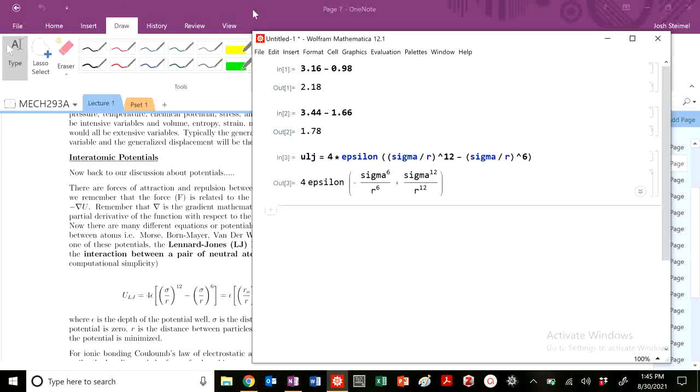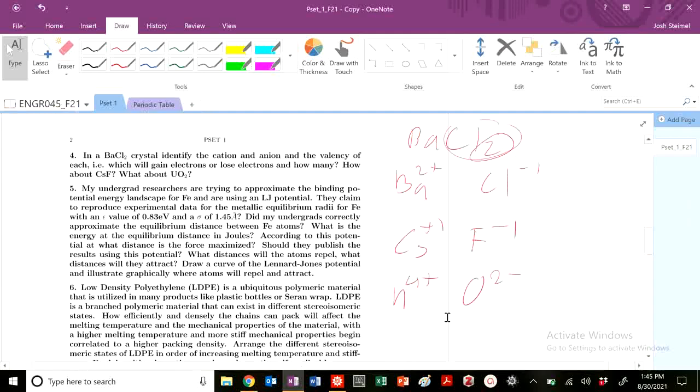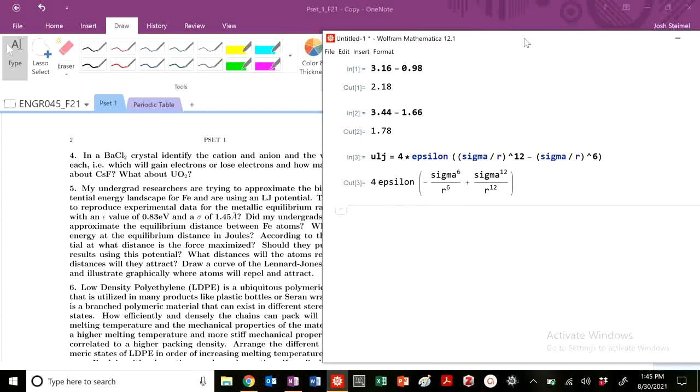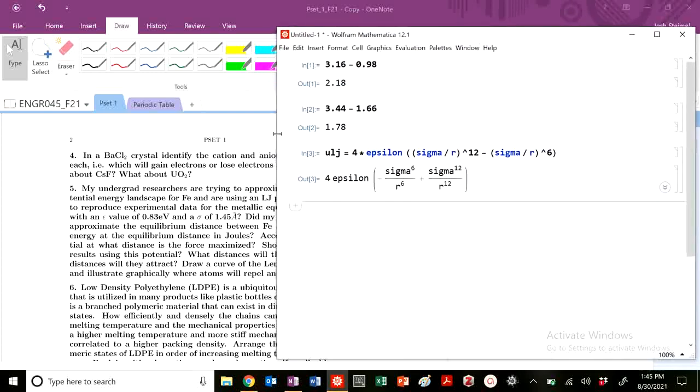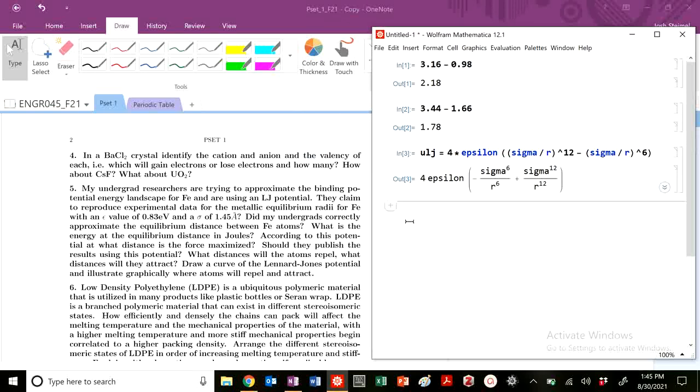All right, let's go back to our problem. So that is our Lennard-Jones potential. Now, my undergraduate researchers, they're at it again. I always make fun of my undergrads, but they are actually amazing researchers. It tells me that I'm trying to approximate the binding potential for iron using an LJ potential.